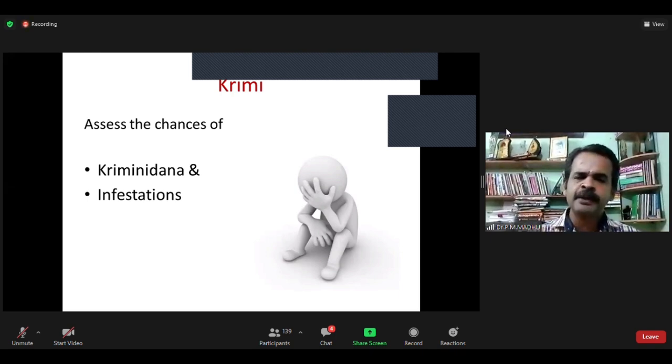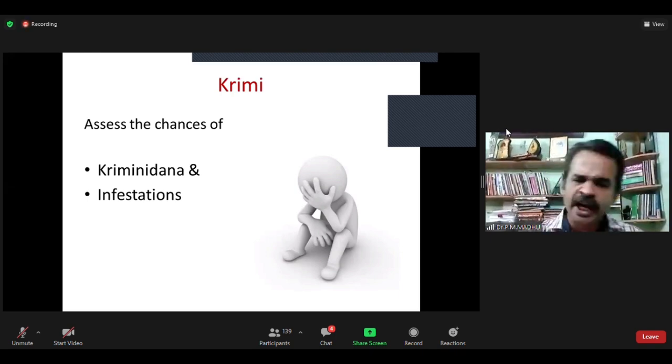Evam anyanapi rogan swanidana viparitam chikitset, anubandhe tu sati samanyam prayojayet, evam anyanapi yogan swanidana viparitam chikitset. So, swanidana viparita is the identification of Nidana, how this disease happened.